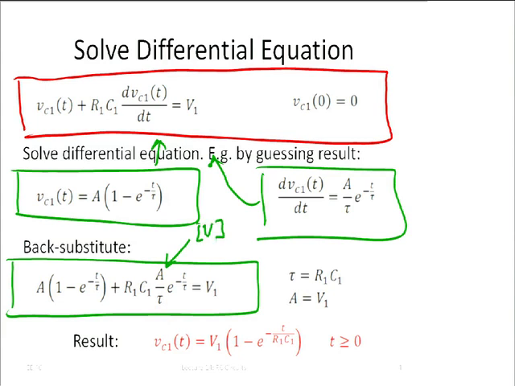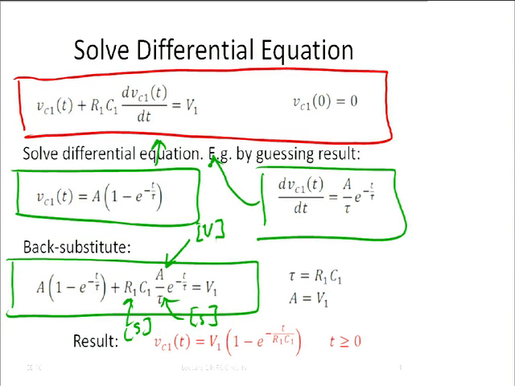But because A has units of volts, there is no way to satisfy this equation except to set tau equal to R1C1. So tau must be equal to R1C1 here. Otherwise, the units are never going to work out, because we cannot compensate seconds with volts or whatnot.